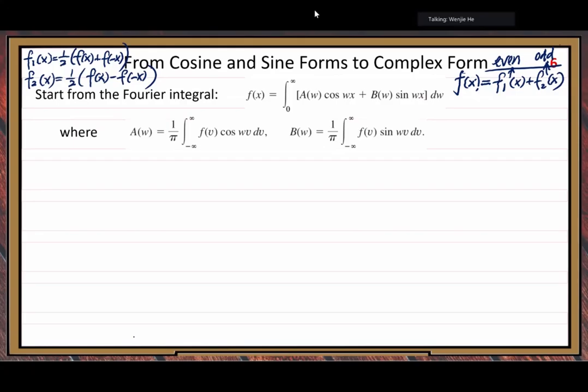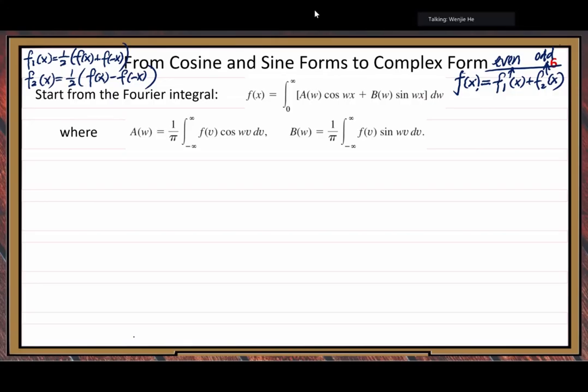So let's recall. This is our Fourier integral formula. We need to calculate the capital A function and the capital B function. But one thing you need to be careful about: when we calculate the integral for capital A function and capital B function, our integral limits are from negative infinity to infinity.